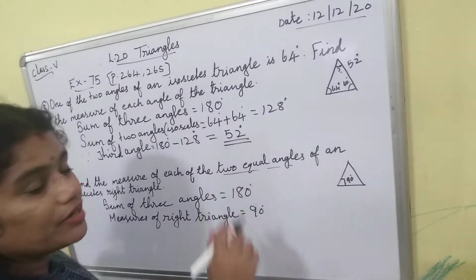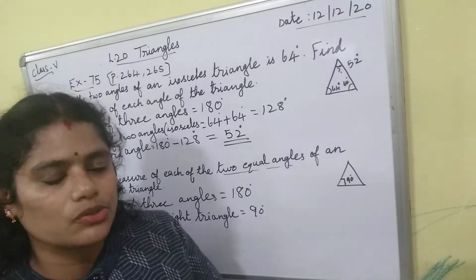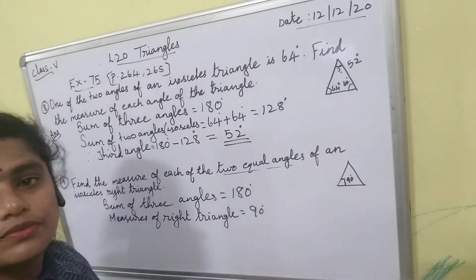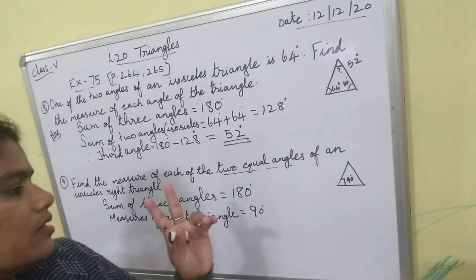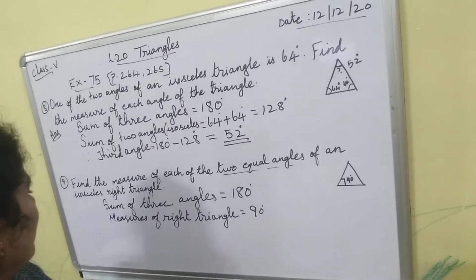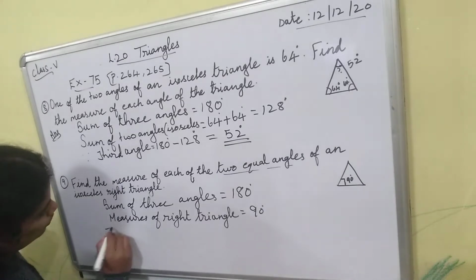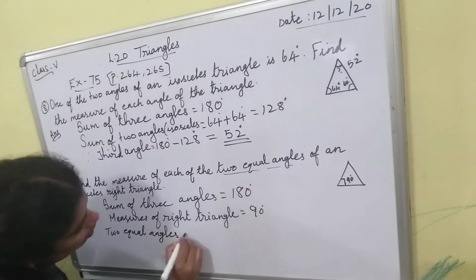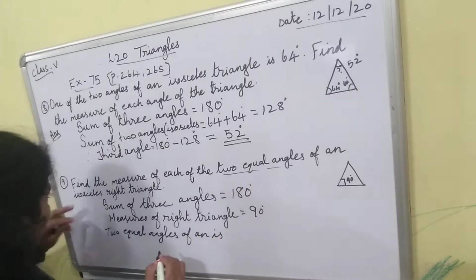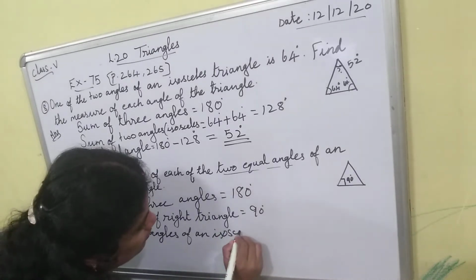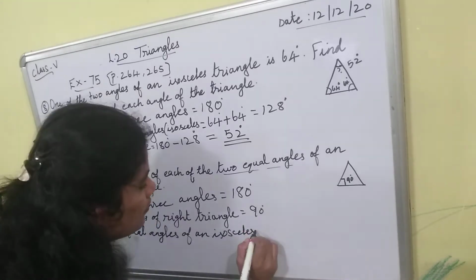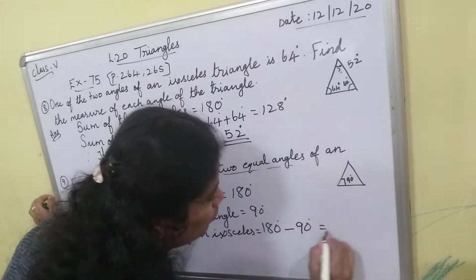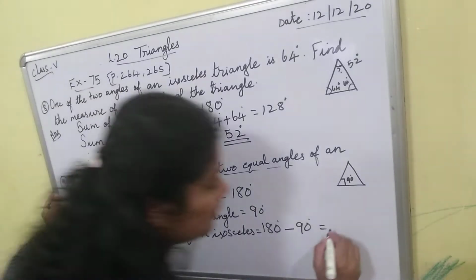Then we have to find out the two equal angles of the isosceles triangle. Therefore, the two equal angles of an isosceles triangle equal to, what is it, 180 degrees minus 90 degrees equal to how much is it? 90 degrees.